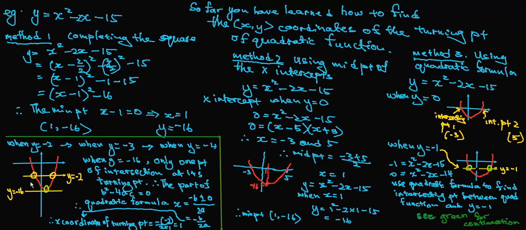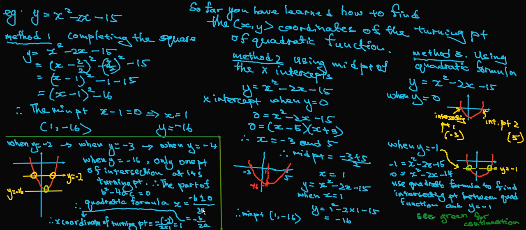So when this horizontal line intersects with the tip or the turning point of the quadratic graph, b squared minus 4ac becomes 0. That means the intersecting point between the line y equal to minus 16 and the curve is x equal to minus b over 2a.